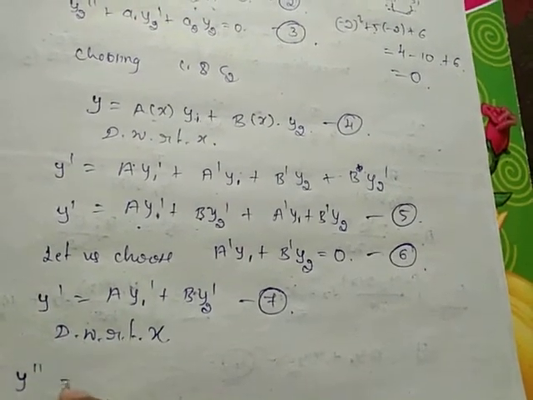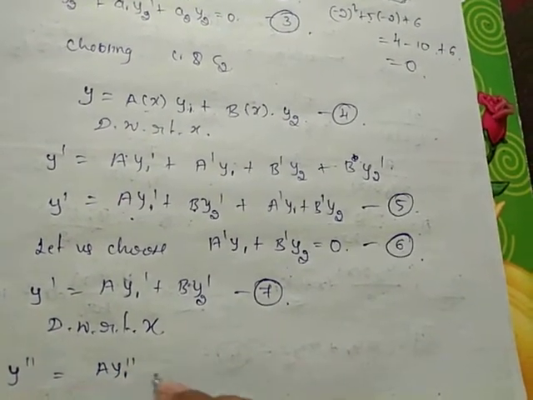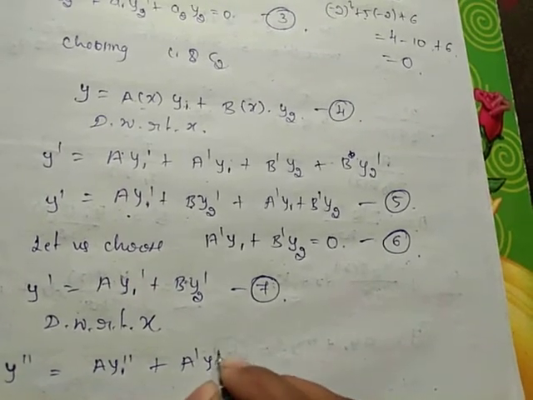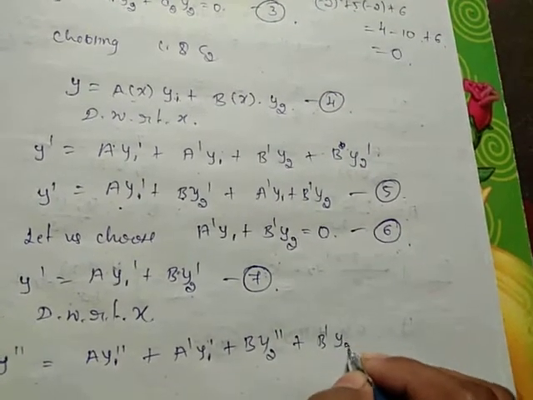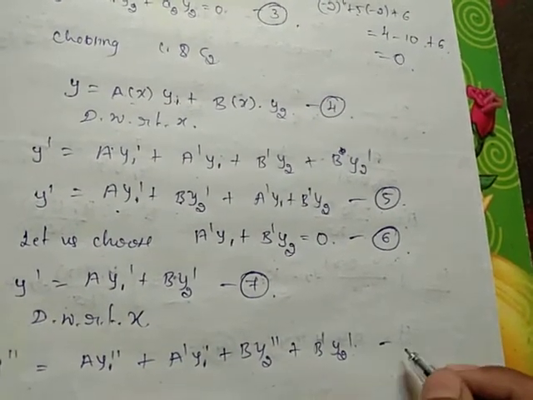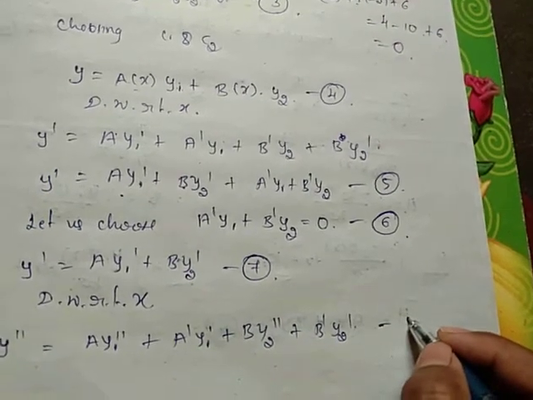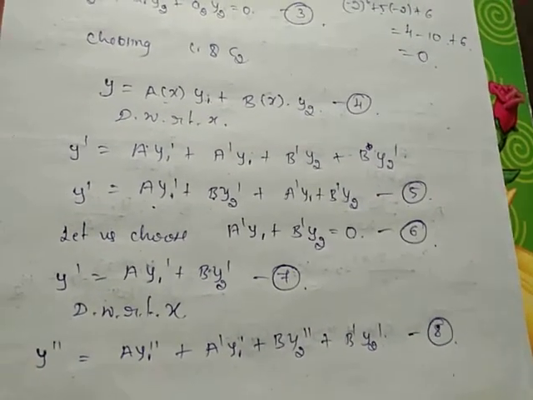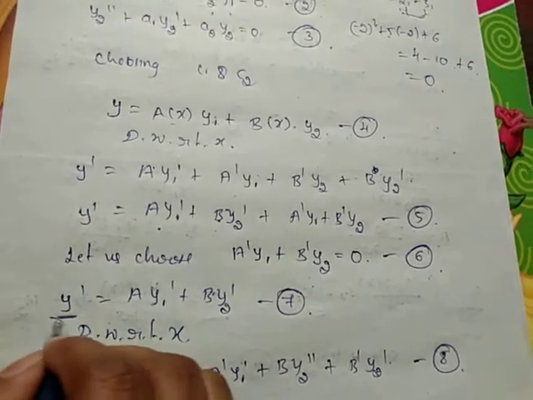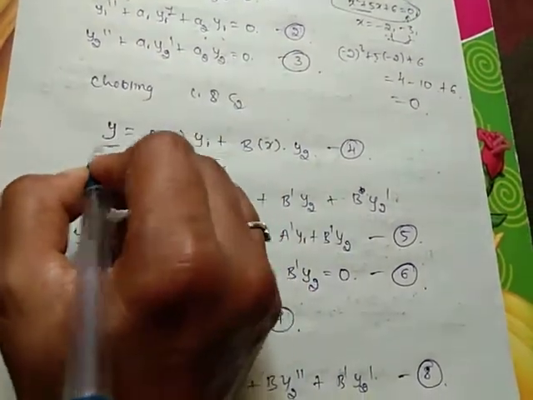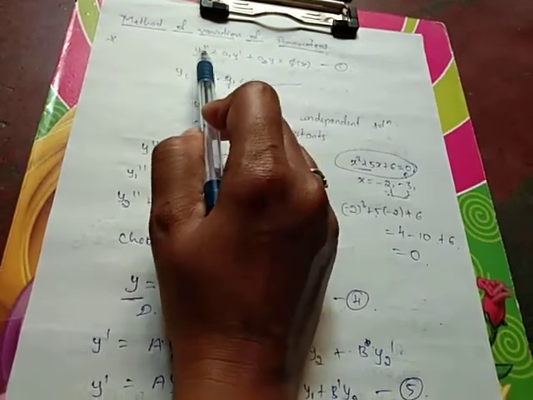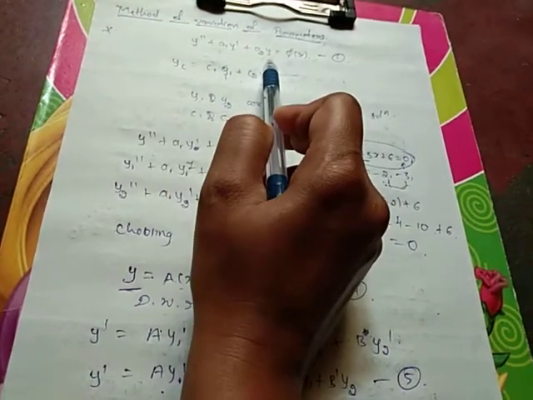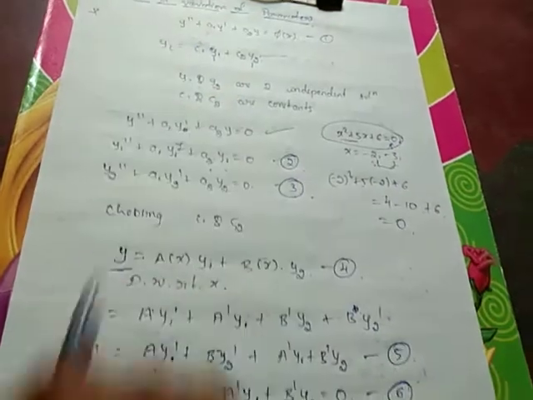Then it becomes y double dash equal to a y1 double dash, a dash y1 dash, b y2 double dash, b dash y2 dash. Call this equation 8. We get the values of y double dash, y dash and y. Now substitute y, y dash and y double dash in equation 1. Substitute all the values in equation 1.